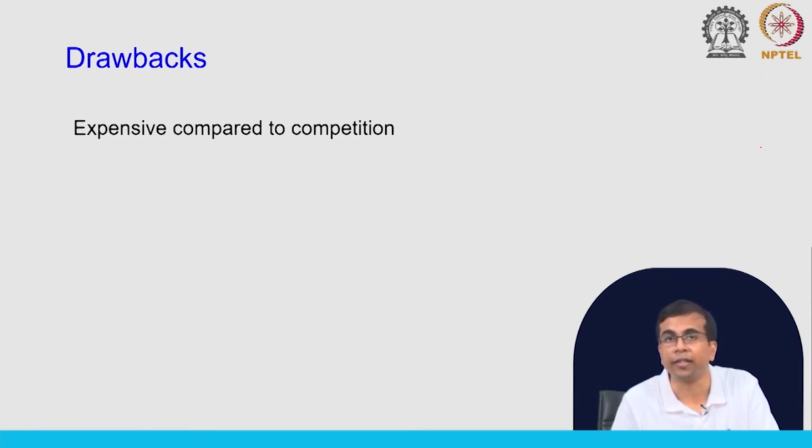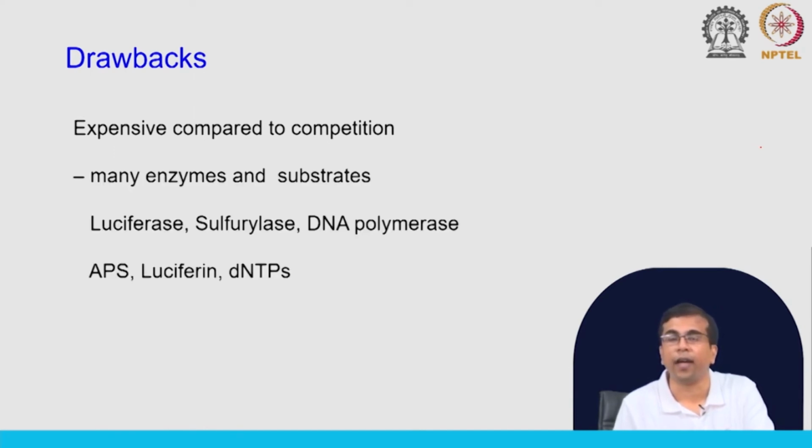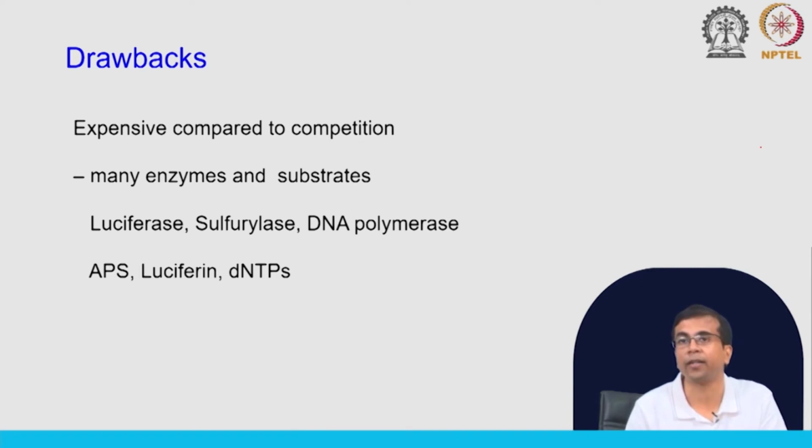It was actually expensive compared to the competition that came later on. This competition came from other technologies that we will discuss later. Why this was expensive is because it was utilizing many enzymes and many substrates for the sequencing reactions. As you have seen, we have DNA polymerase, but in addition we have ATP sulfurylase, luciferase, and then different substrates like APS, luciferin, dNTPs.